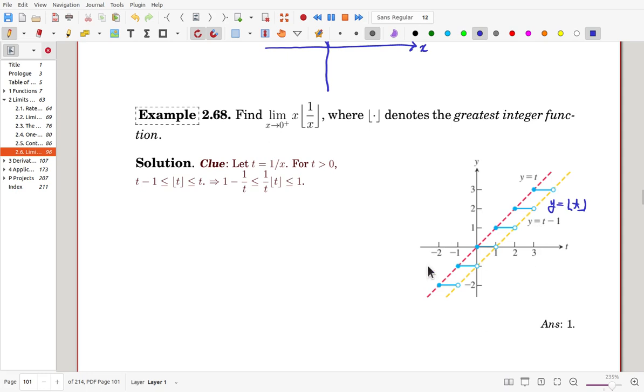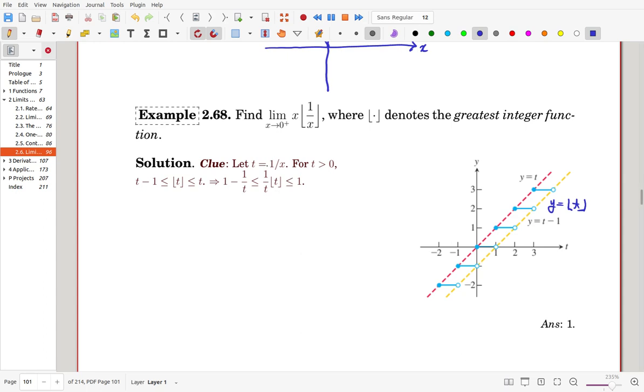In this way, the graph can be made. Now, rather than t, we are dealing with 1 over x, and x is approaching from the right, so that portion is approaching infinity, and it is not easy to handle as it is.